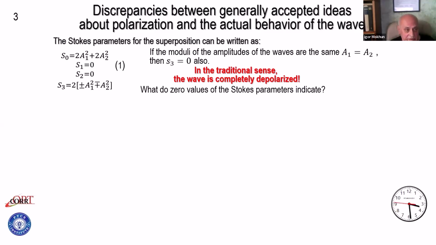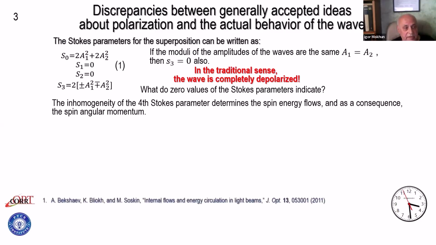The question arises, what do the zero values of the Stokes parameters indicate? As is well known for monochromatic waves, the inhomogeneity of the four Stokes parameters determines the spin energy flows and, as a consequence, the spin angular momentum.